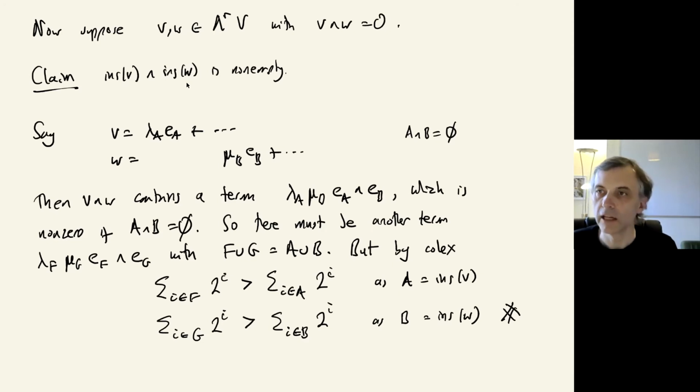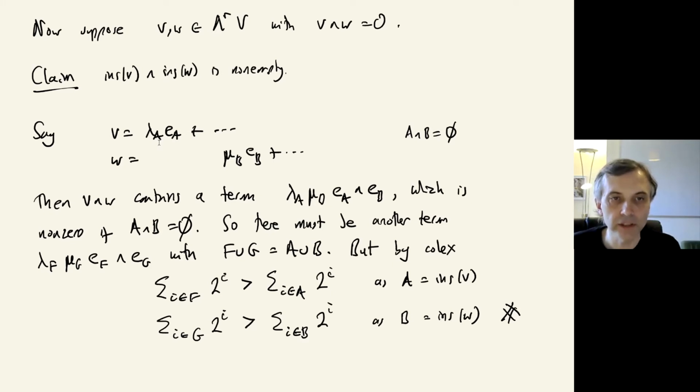So it really does say that having wedge product 0 does in some sense correspond to at least some pair of sets intersecting. And again, the proof is not too hard. Let's write v and w, just expand them in the basis. And let's say I'm writing my basis in this colex order.